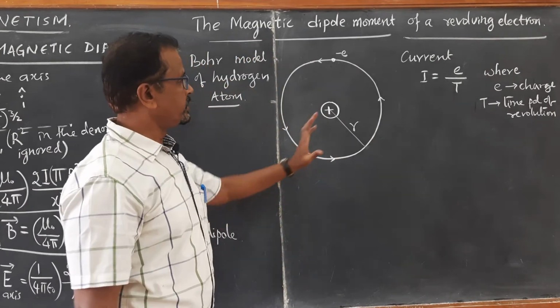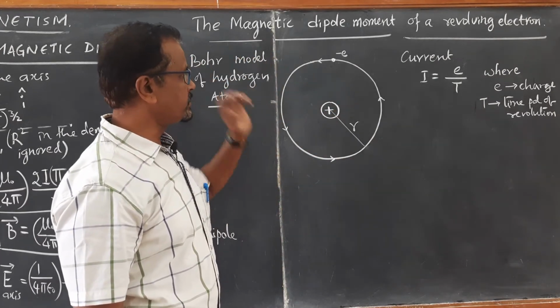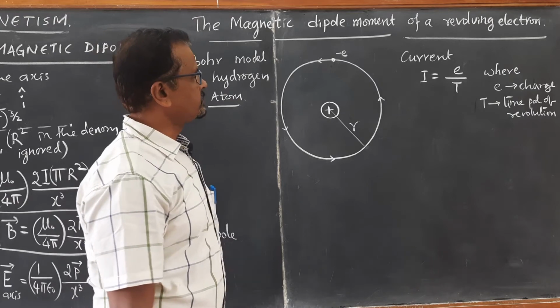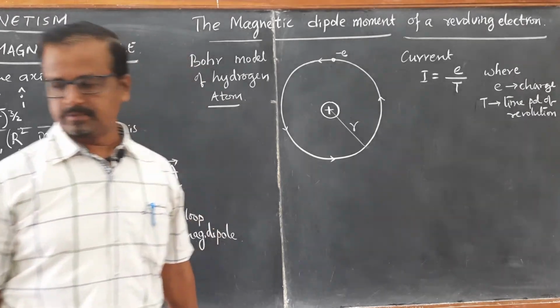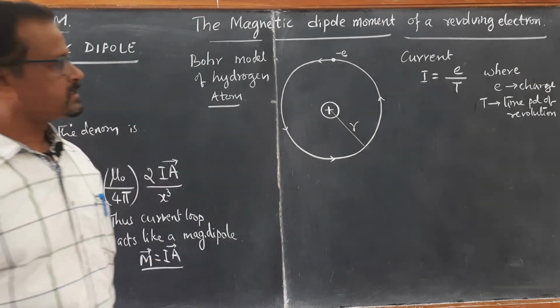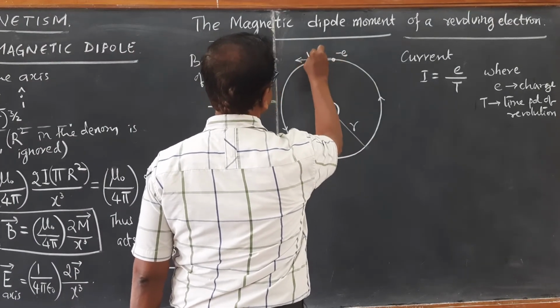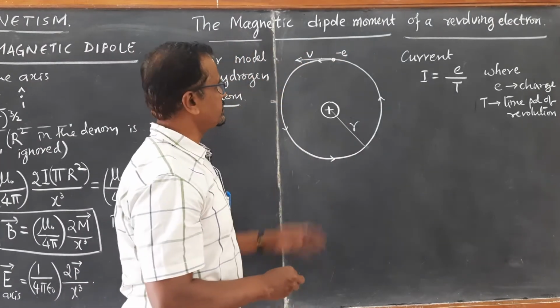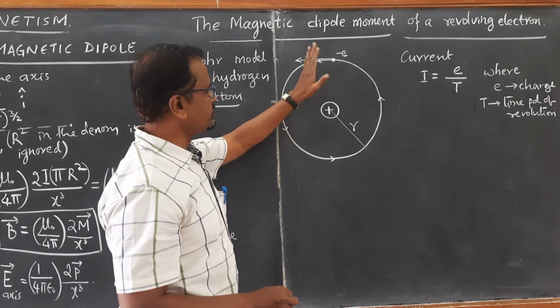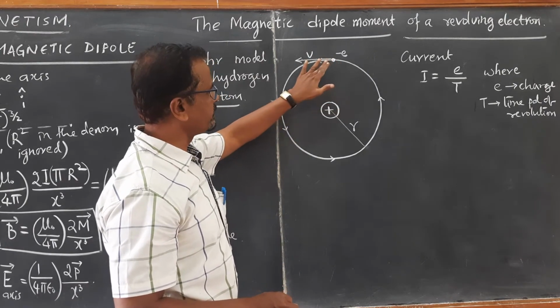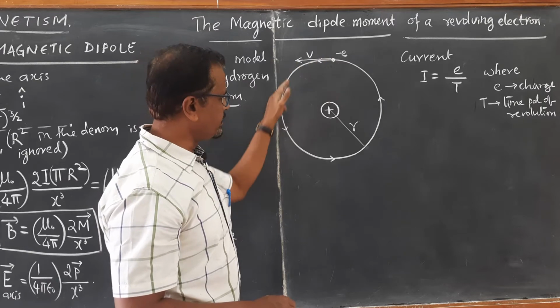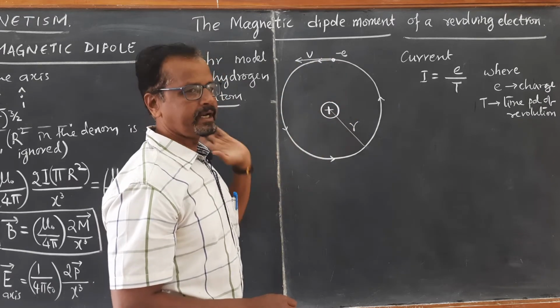So we will calculate the time taken for one complete revolution with the knowledge of the speed of the electron. The speed of the electron is usually calculated as the linear speed, tangential to the orbit. Linear speed is calculated as the complete distance for one revolution divided by the time taken.